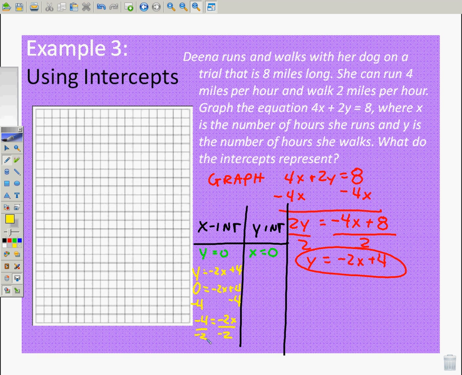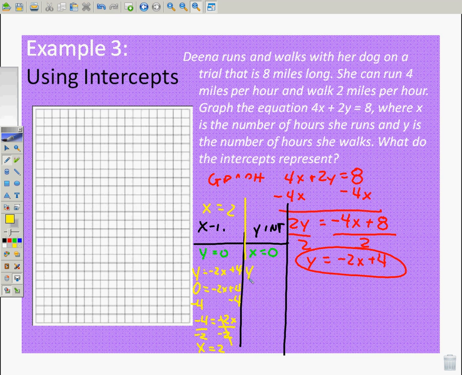I'll divide by negative 2. Remember, if I'm going too fast for you, just slow it down. Pause it. Let the video marinate while you take notes. x is equal to 2. Okay? So my x-intercept is x equals negative 2. Sorry, positive 2. x equals 2.